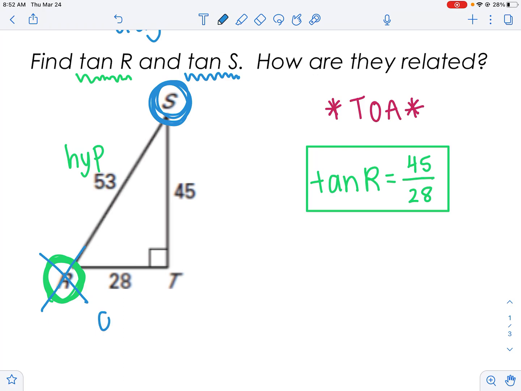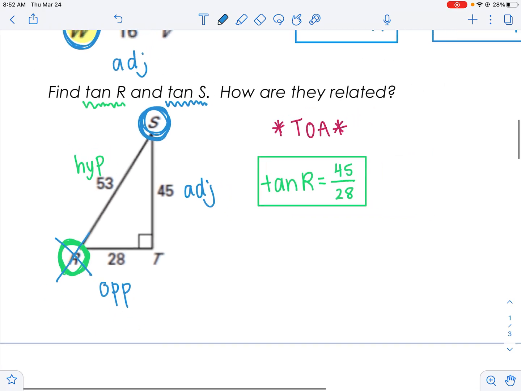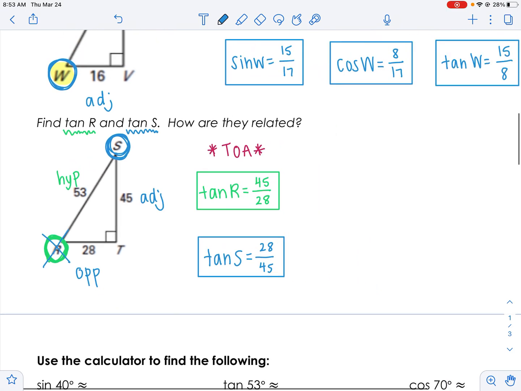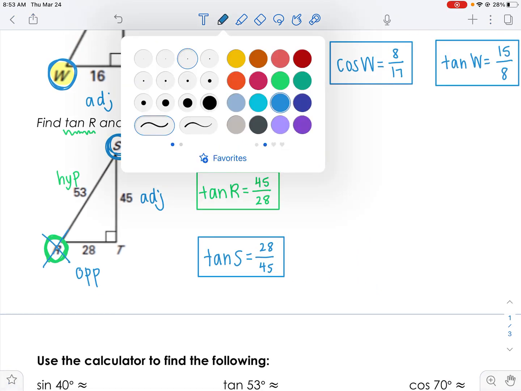It's the one that's across from S. So now 28 is the opposite, which would make 45 adjacent. So when I find tangent of S, opposite over adjacent, opposite would be 28 over 45. And that's my trig ratio for tangent of S.